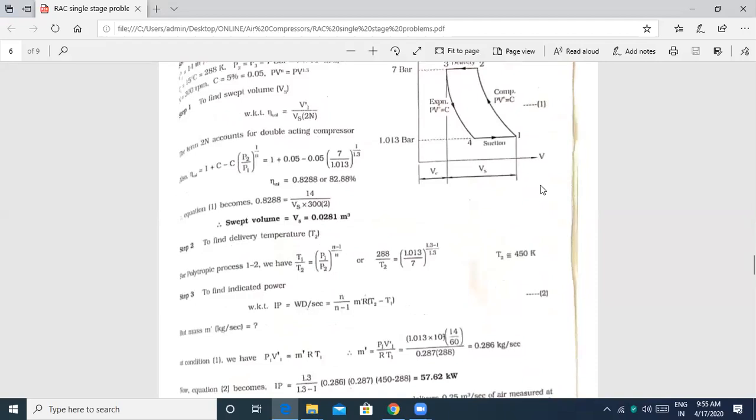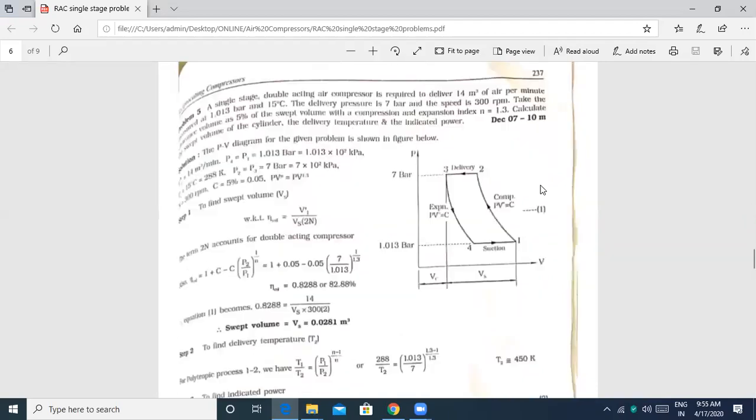I'll take this problem: a problem on a reciprocating air compressor with clearance volume.